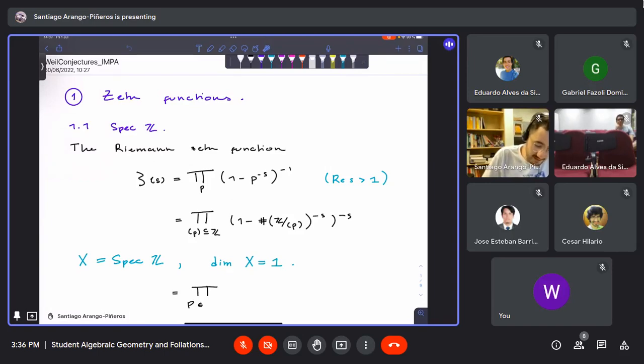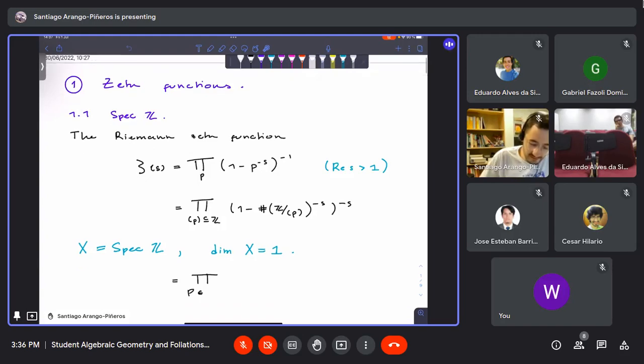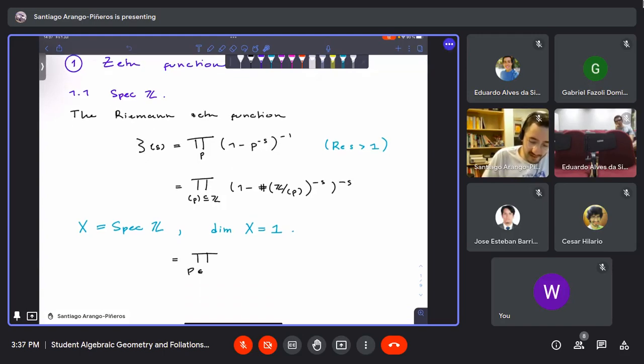Let me rewrite this first product a little bit differently. Instead of counting over primes, I'm counting now over maximal ideals in Z, which is the same thing because our ring is a principal ideal domain. And P is also the size of this quotient ring, Z mod P. Here I have a -1. So let me rewrite this once again.